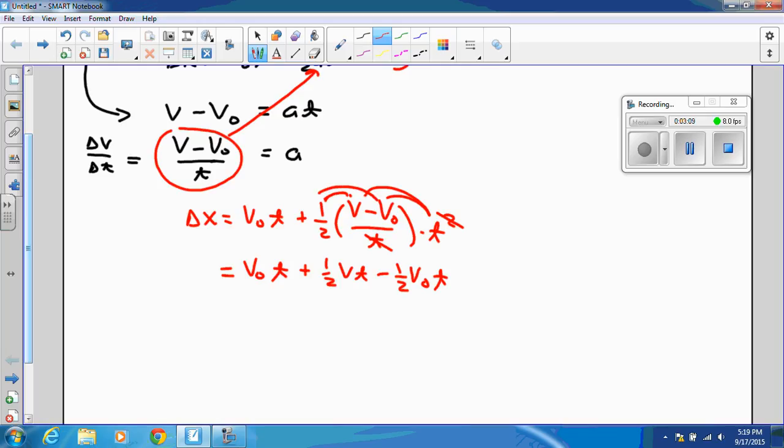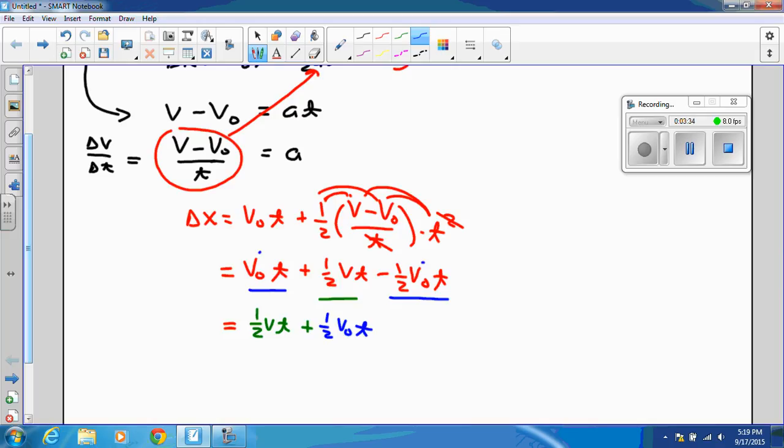And furthermore, I notice that I have two terms that are like terms, v0t and negative 1/2 v0t. So then when I combine the like terms, I get 1/2 vt plus 1/2 of v0t. Take a look at that carefully.